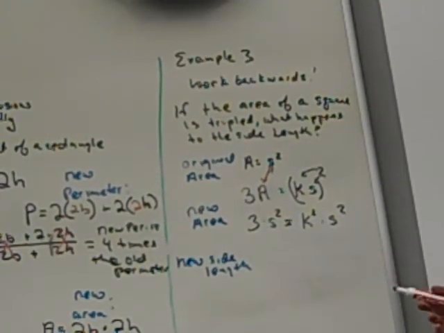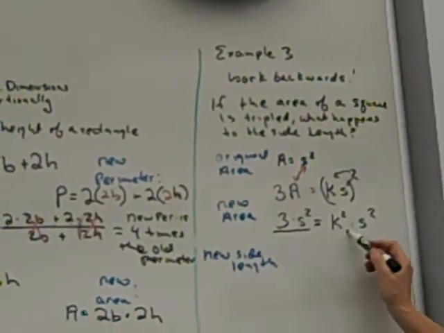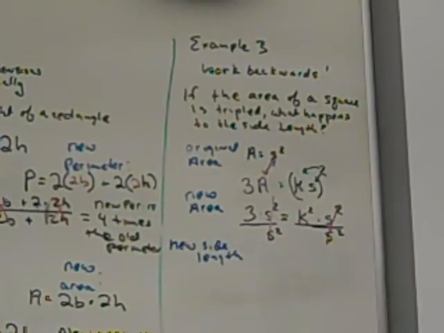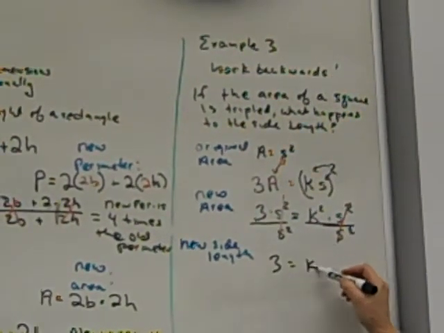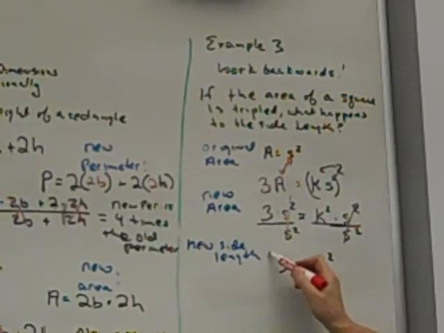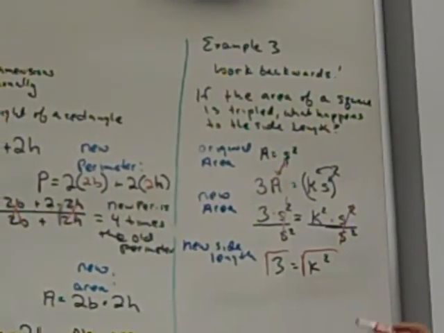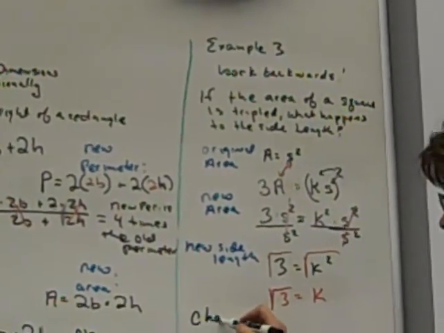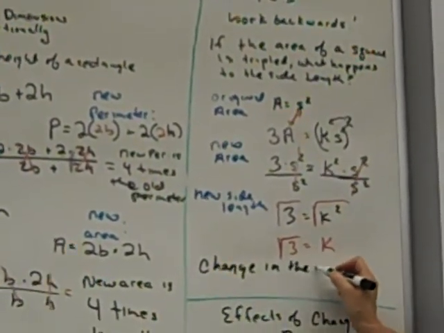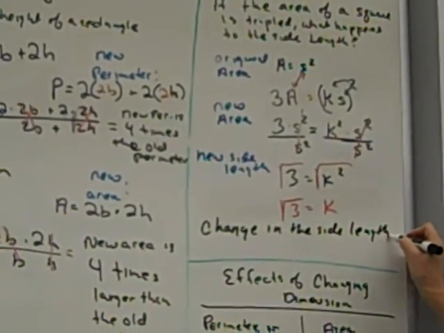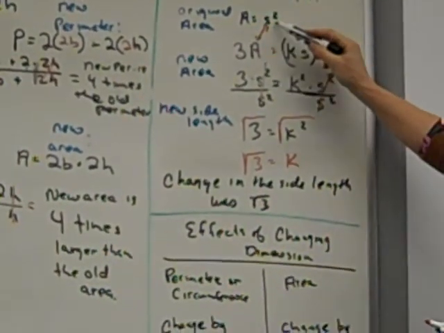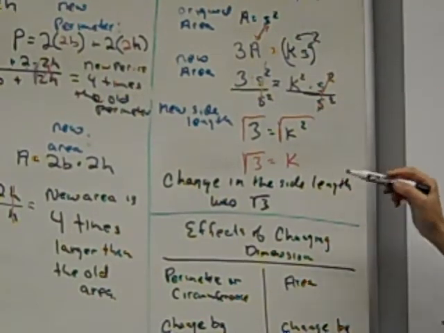Now, again, I need to solve to find k, but I can divide by s squared on both sides, and that'll cancel out. So now I've got 3 equals k squared, and to get k alone, all I need to do, opposite of squaring, is square rooting. So the square root of 3 equals k. What that tells me is the change in the side length was square root of 3. I multiplied square root of 3 times the original side and got the new side. That's what it's telling me.